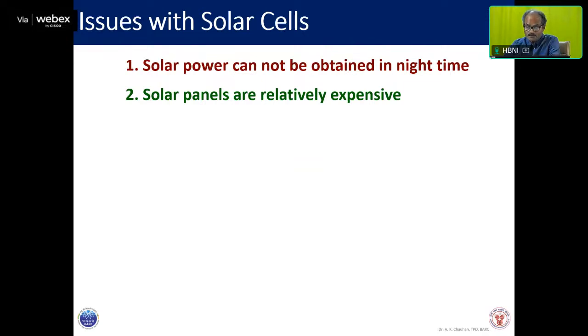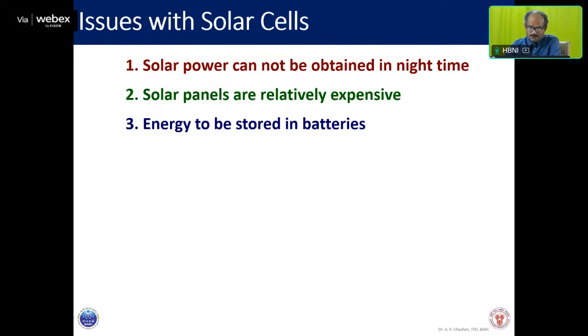So initial cost is there, but once advanced technologies and some organic devices are commercialized, then solar cells will not be very expensive. Even the silicon panel nowadays is not very expensive. One can afford it. However, still a slight initial cost is there.